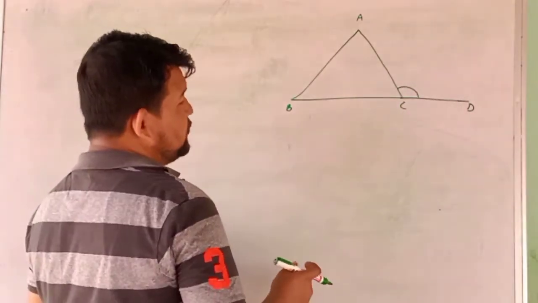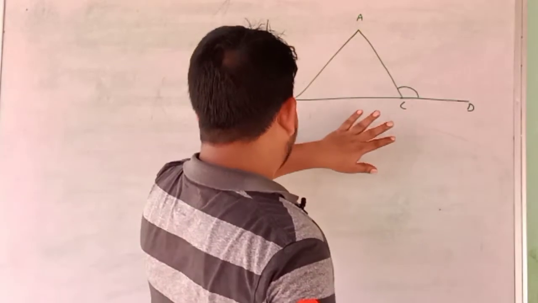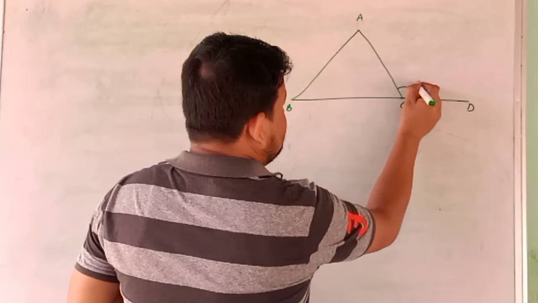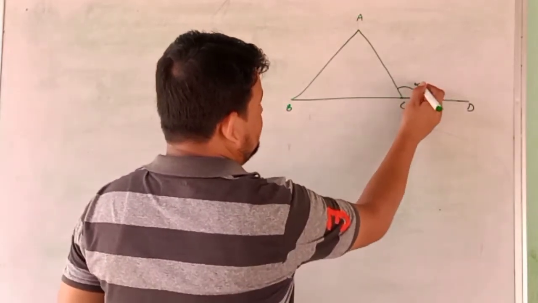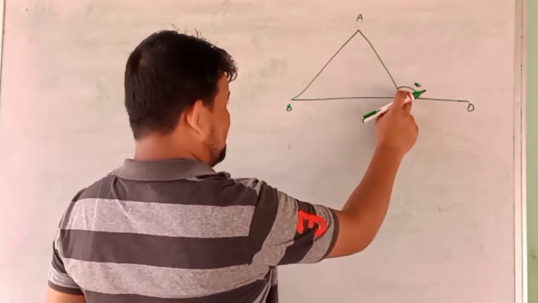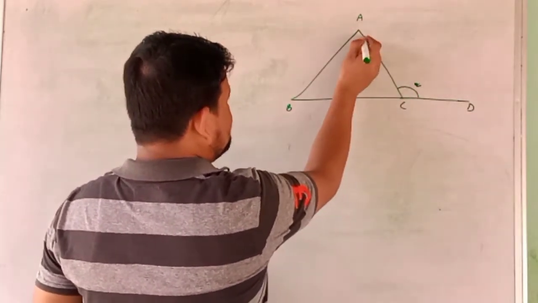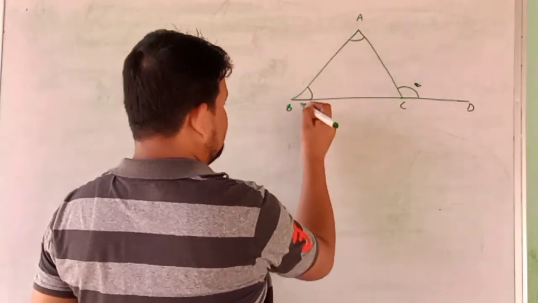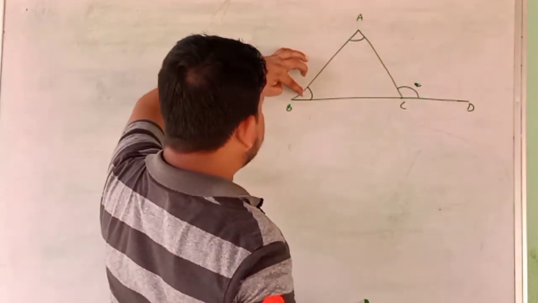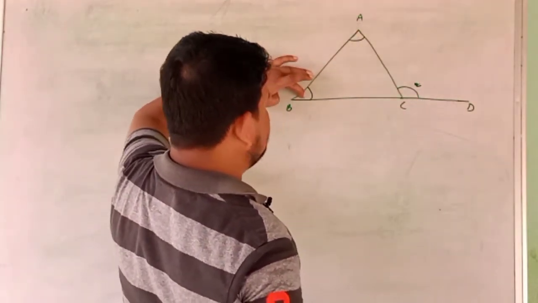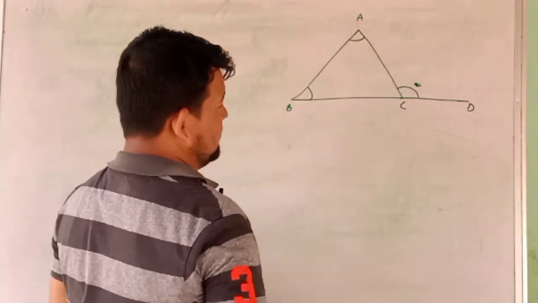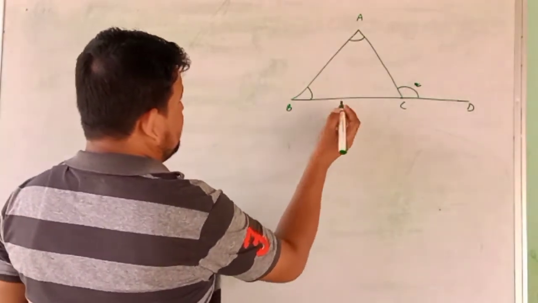So then one property is formed. What is that property? That property tells us that this angle, the exterior angle, the angle which is formed outside the triangle, is equal to the sum of the two interior opposite angles. That means this angle will be equal to the sum of this angle plus this angle, only these two. So how will we write this now?